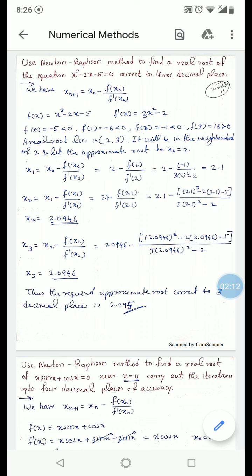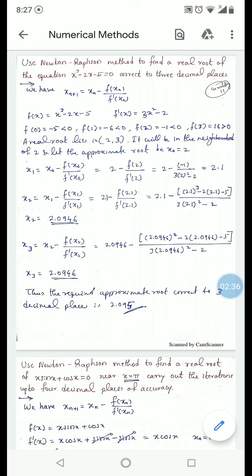So put x2 is equal to 2.0946 in the third iteration. x3 is equal to x2 minus f of x2 divided by f dash of x2, that is 2.0946 minus f of 2.0946 divided by f dash of 2.0946.